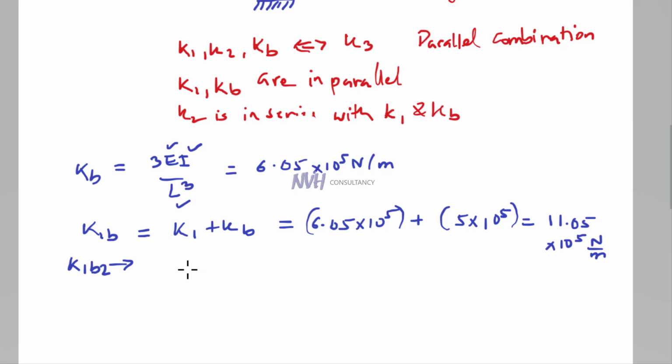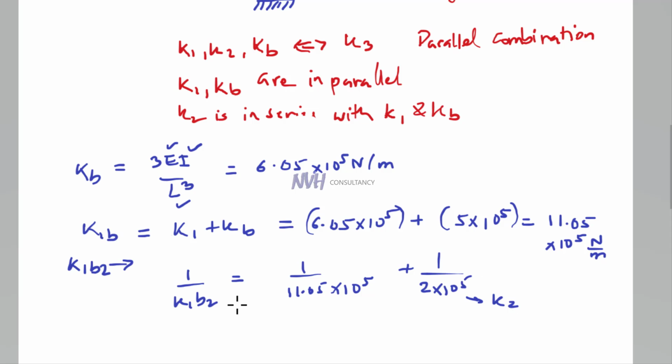So 1 over K1B2 is equal to 1 over 11.05 into 10 to the power 5 plus 1 over K2. K2 is 2 into 10 to the power 5. So you can easily find K1B2.